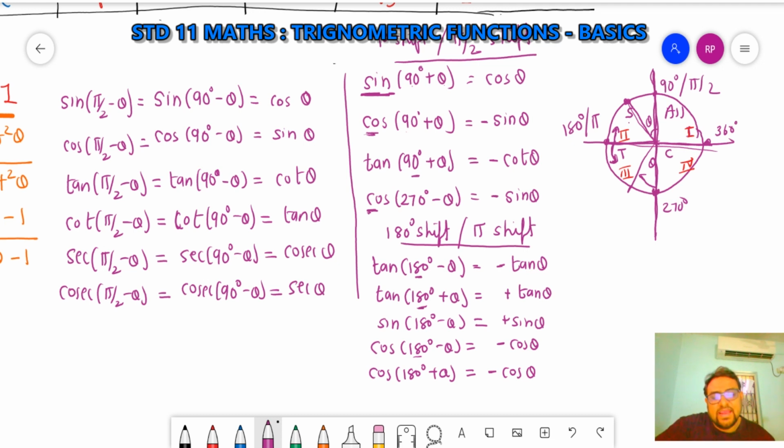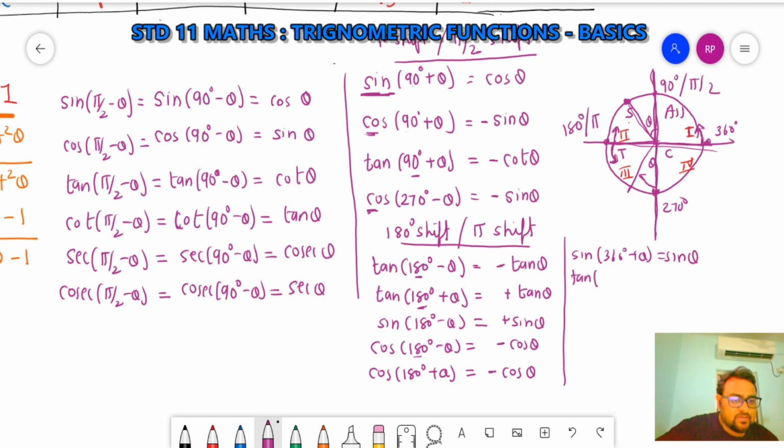Clear? For any trigonometric function, if I take 360 plus theta, it will remain the same because after 360 it is repeating from the first quadrant. After 360 its value will be repeated. So any trigonometric function, whether sine, cos, tan, cot, sec, cosec, with 360 degree plus theta will remain the same. Sine of 360 plus theta is sine theta.